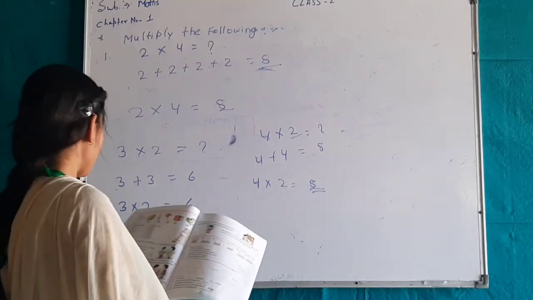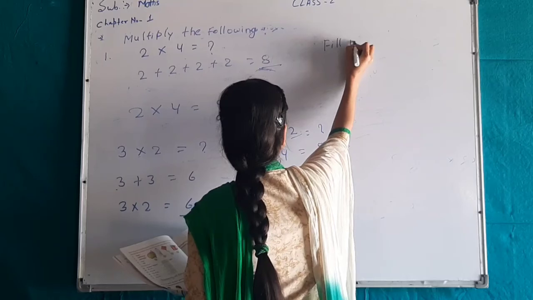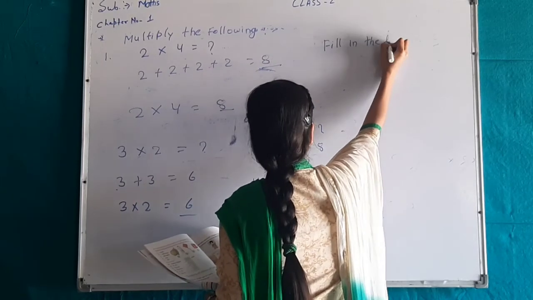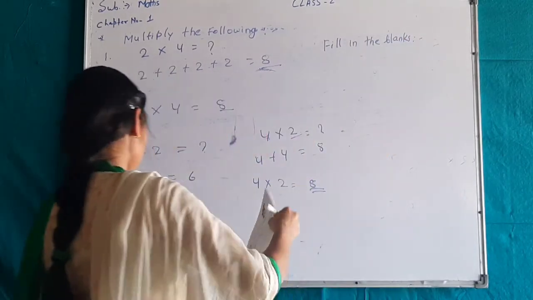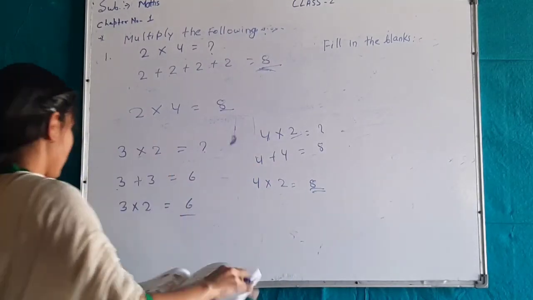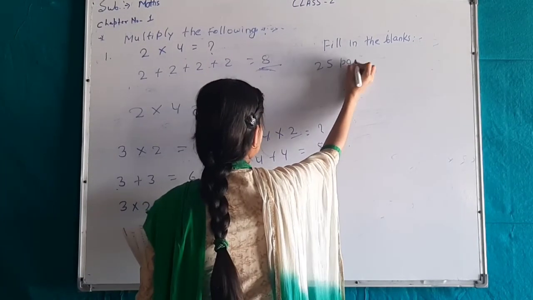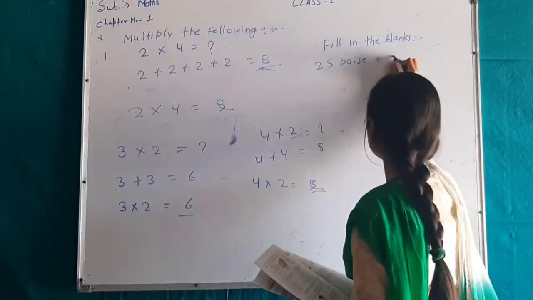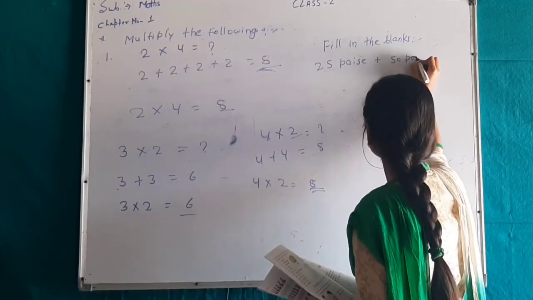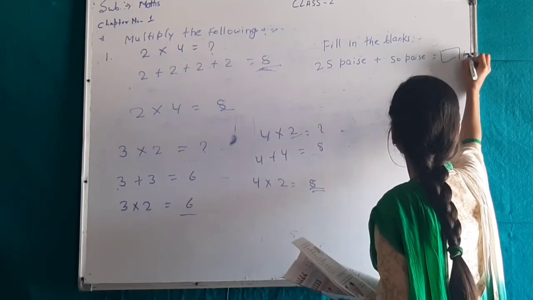And now your next question is fill in the blanks. 25 paise plus 50 paise equal to dash paise.